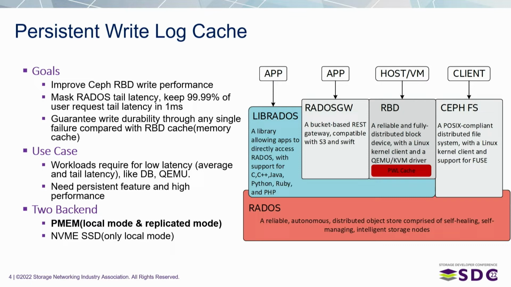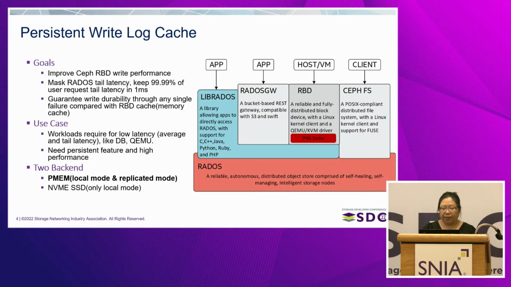The goal is to improve Ceph RBD write performance and reduce tail latency, keeping 99.99% of user request tail latency within 1 millisecond. It also guarantees write durability through any single failure, compared with the RBD cache, because it is persistent memory: when you write data to the persistent memory, it is persisted.